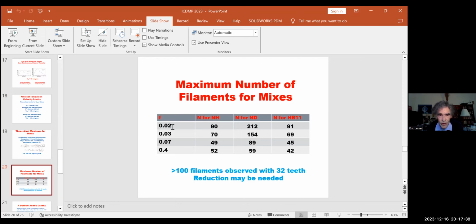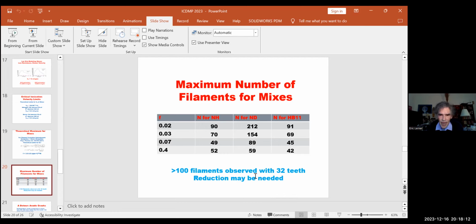And what this table shows is we calculated that for small mixes, we can have more than 100 filaments, which is observationally what we have in our machine. But for heavy mixes, which we'll need to get up to run with pure decaborane, the number of filaments goes down. Now, we have 32 teeth and 16 veins in our cathode.